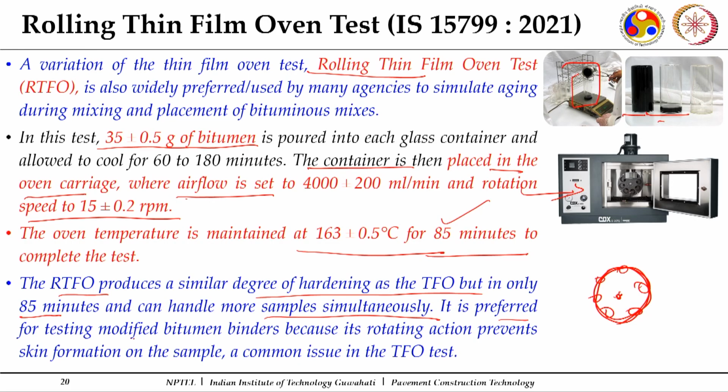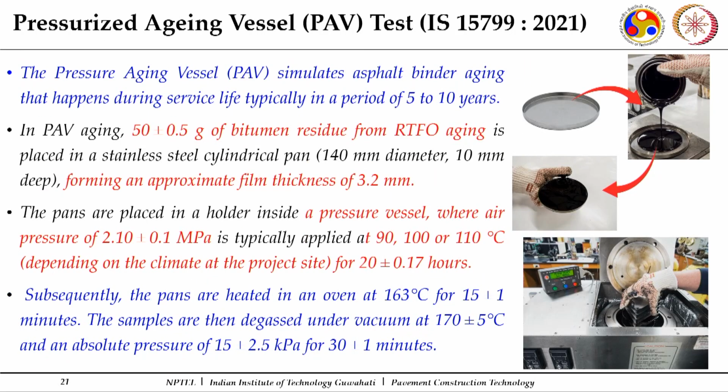And it is preferred for testing modified binders because its rotating action prevents any skin formation of the sample. So, this is some of the common reasons because of which the rolling thin film oven is now widely used.